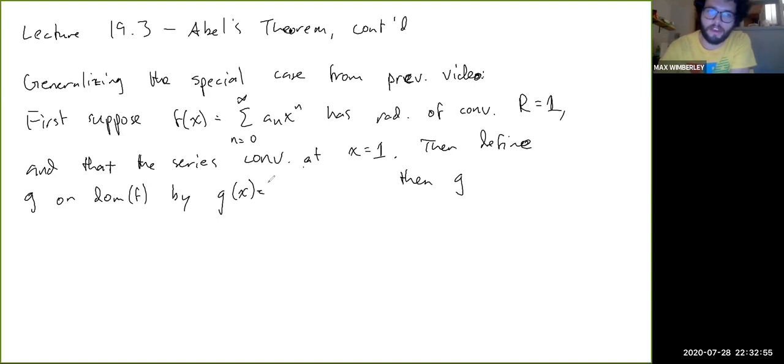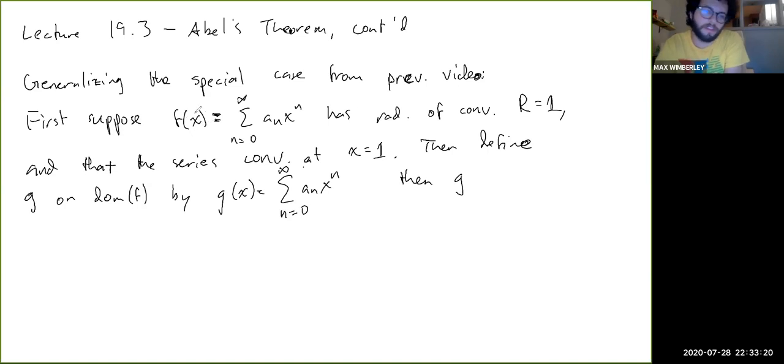It's good, even though f of x is the series, to refer to the series by itself when possible, because convergence and uniform convergence are properties that we ascribe to the series, but not necessarily the function.